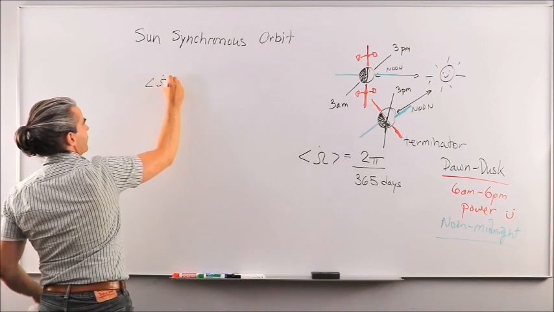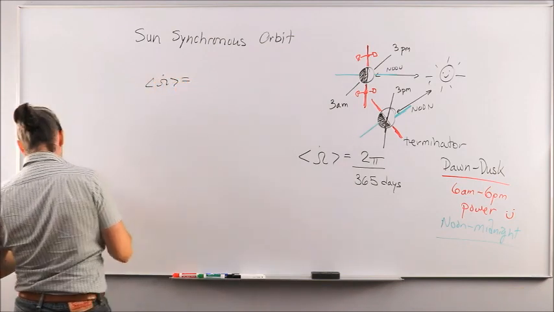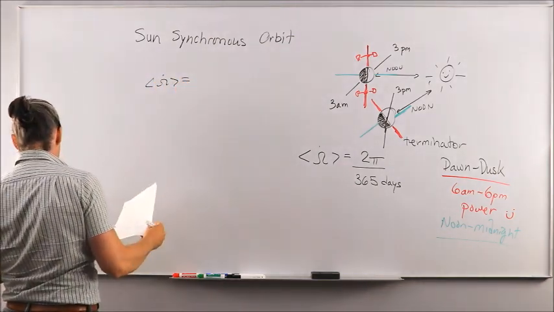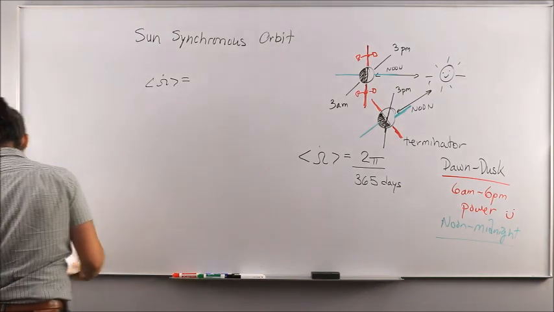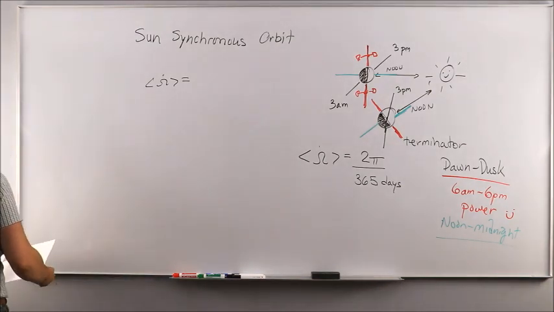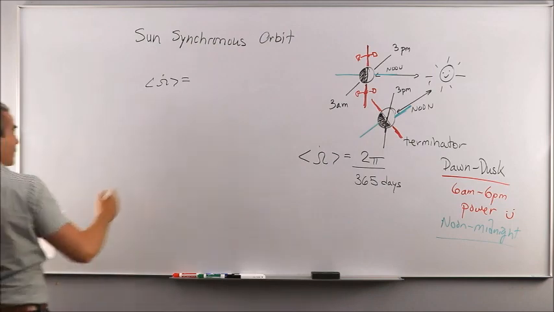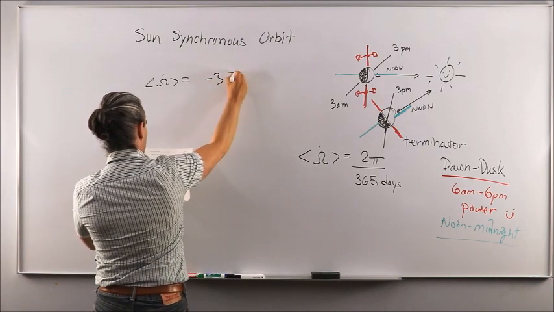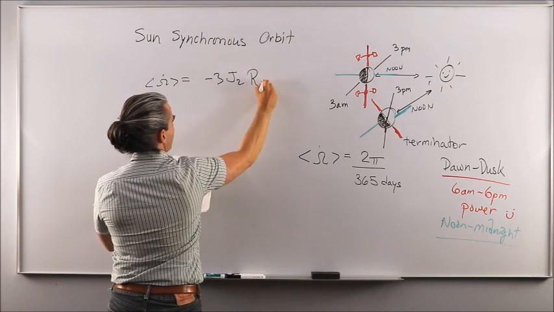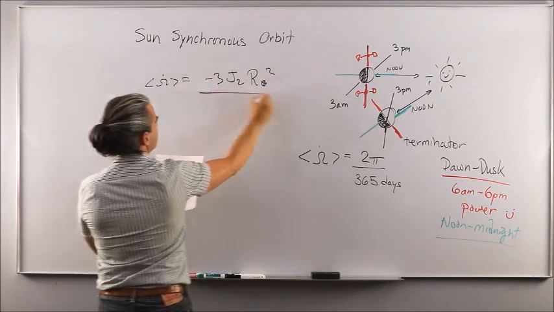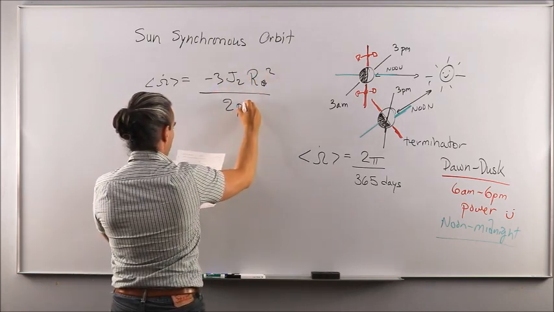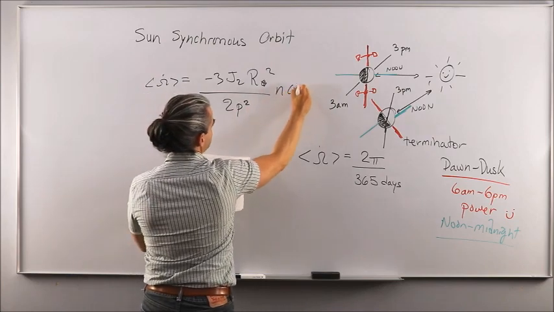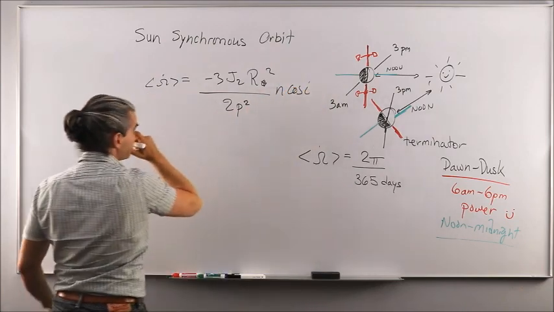Because we have this equal to, where's that equation? Here. We had minus 3 J2 R_Earth squared over 2 p squared n cos i.